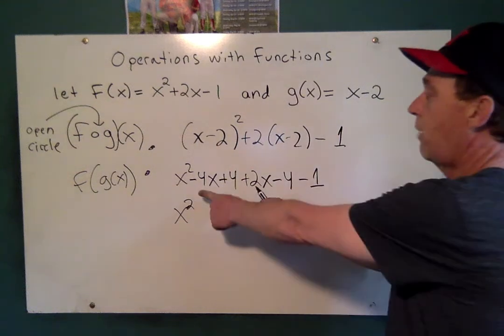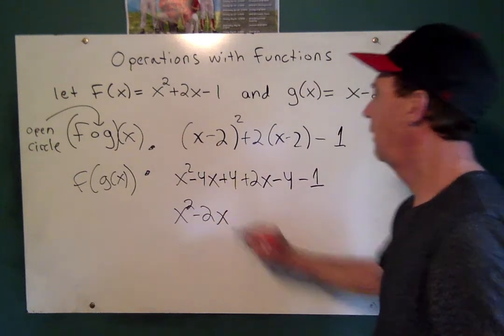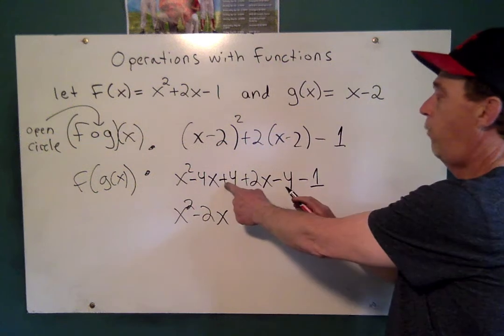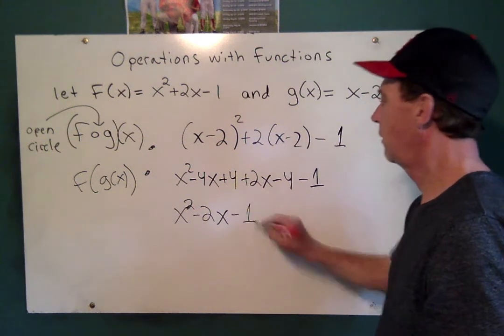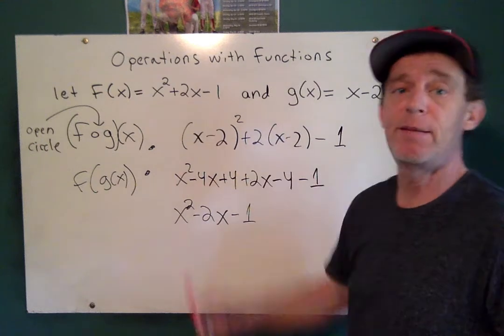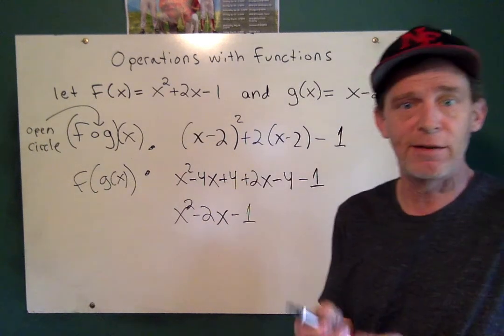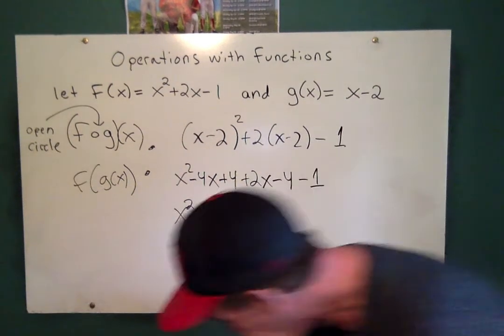And then the x's, that'll give me negative 2x. And then the integers, 4 minus 4 is 0, and then minus 1 is negative 1. So x squared minus 2x plus 1, almost the same thing. It's actually not exactly the same, obviously, because we were plugging one into the other.